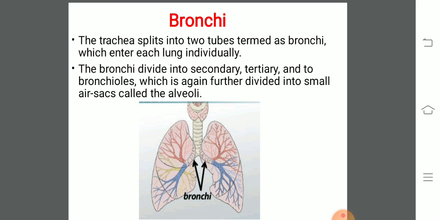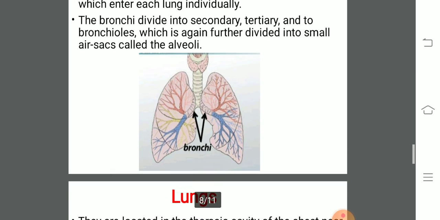Okay, and these alveoli are minute sacs of air having a very thin wall. Okay, and it enables the exchange of oxygen and carbon dioxide molecules into or away from the blood. That is the main function of the alveoli.